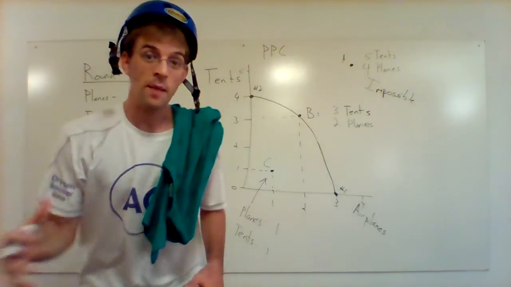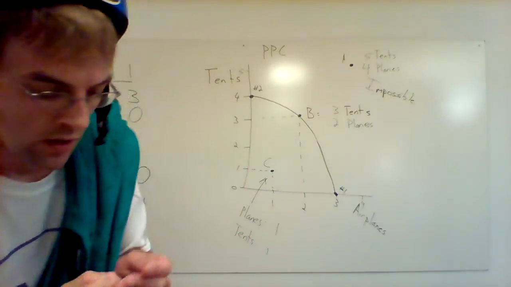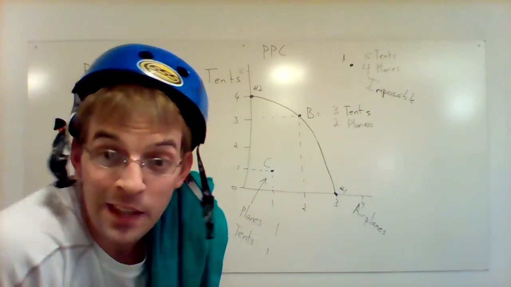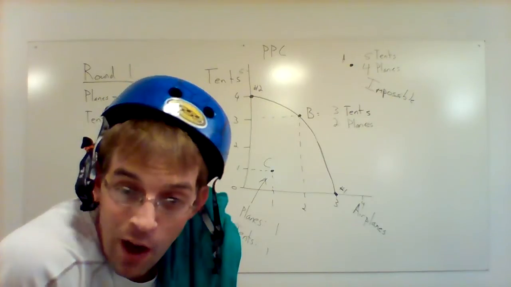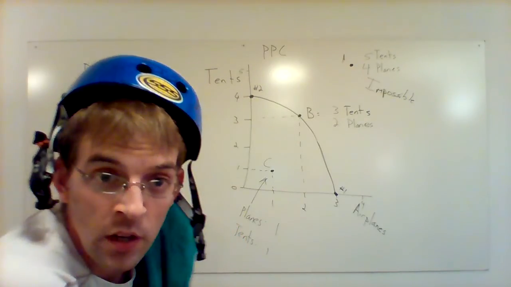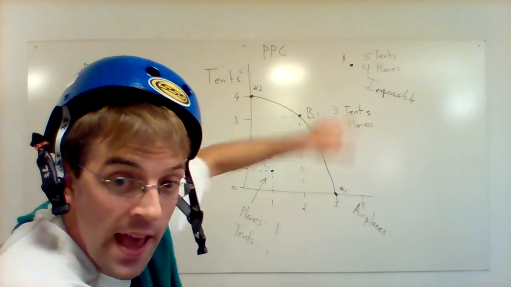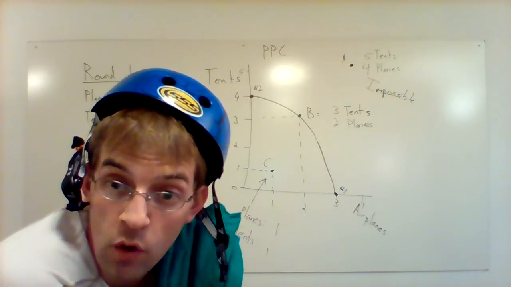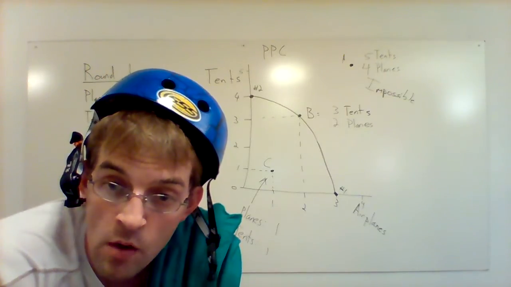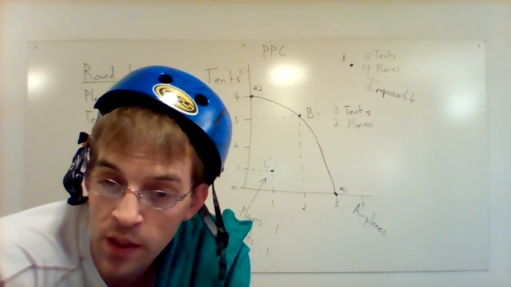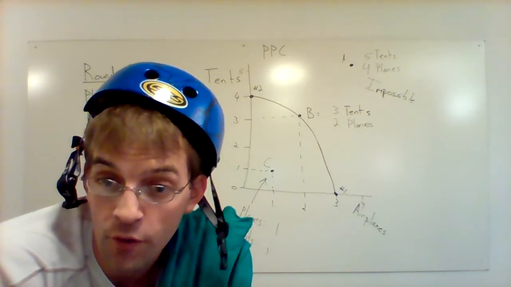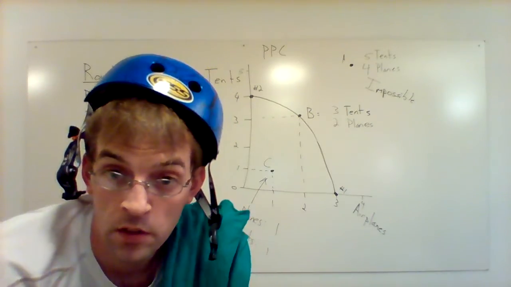Now, think about it though, because things that are impossible suddenly become possible oftentimes. How could it become possible to produce at A, where we're making 5 tents and 4 planes? What would you need to have happen? Think about some of the things that would have to occur for this to become possible.